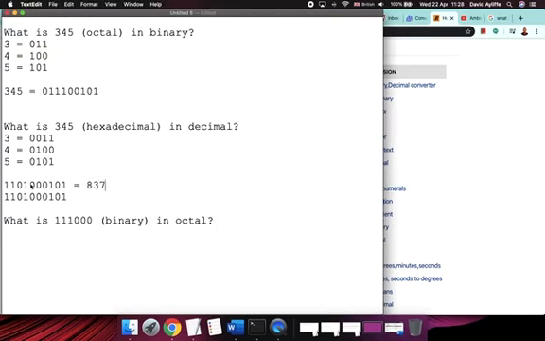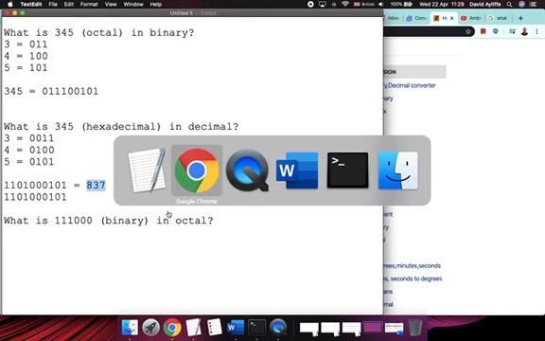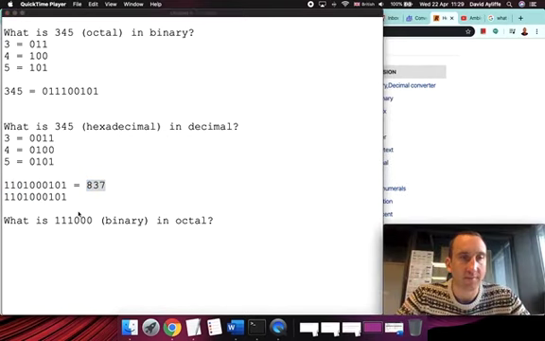We could do the maths, adding 1 plus 4, 8, 16, 32, plus 64, 128, 256, 512. If we added all of those together, I'm sure we would get 837.